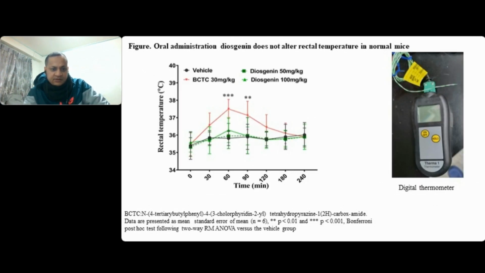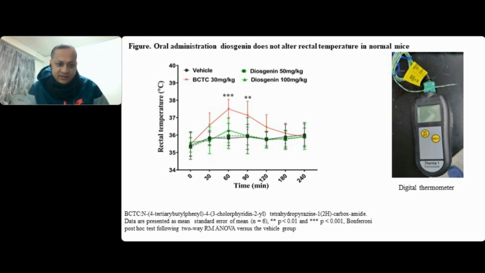As you know, the big problem with TRPV1 antagonists is that they are not clinically used because they affect temperature. They make problems in the temperature of the body.